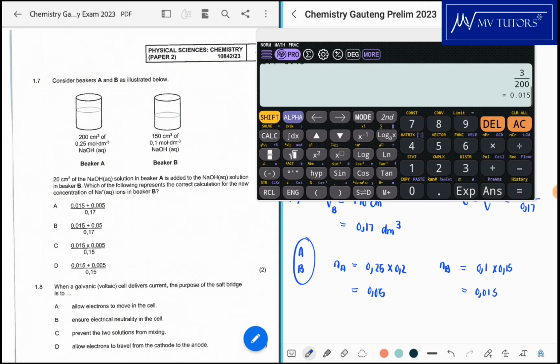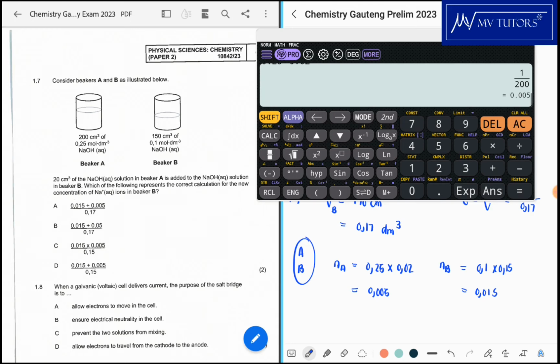Okay, actually, no, sorry. We took 20 cubic centimeters, not 200. So that would be 0.02. 20 divided by 1,000 is 0.02. So 0.25 multiplied by 0.02, and that is 0.005. Because we're looking at the portion that was taken to beaker B.